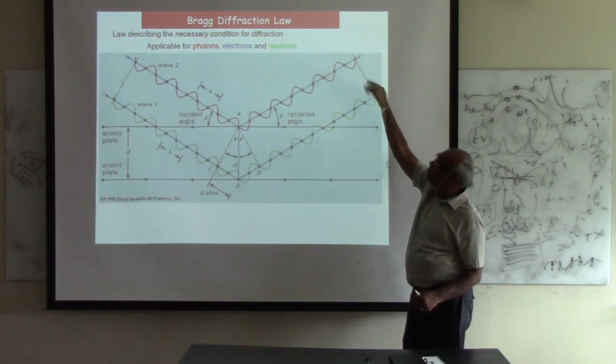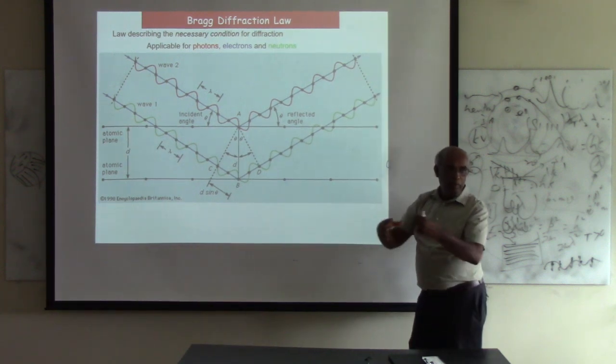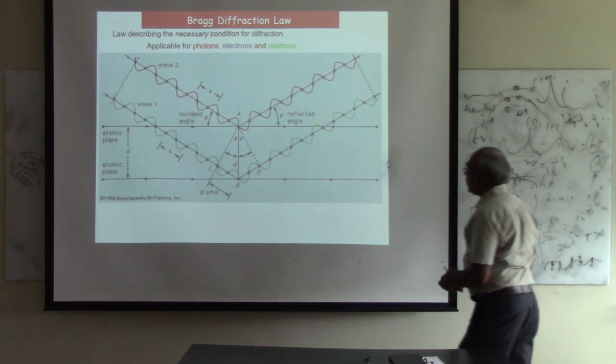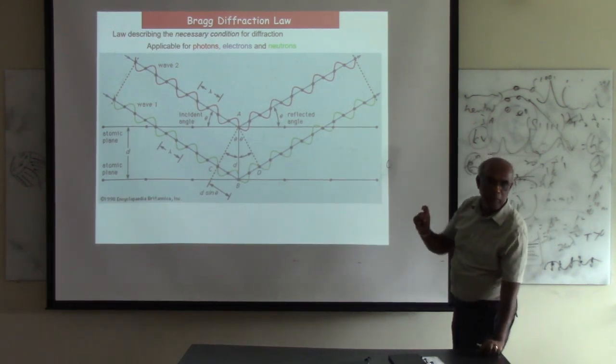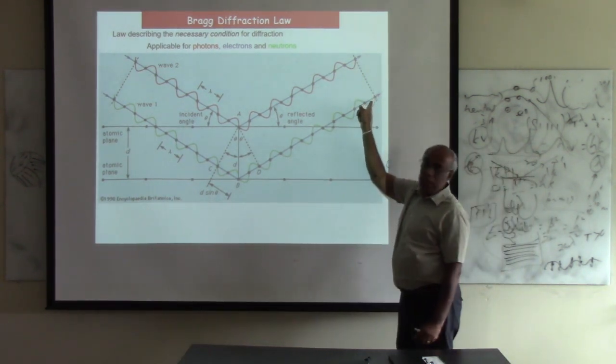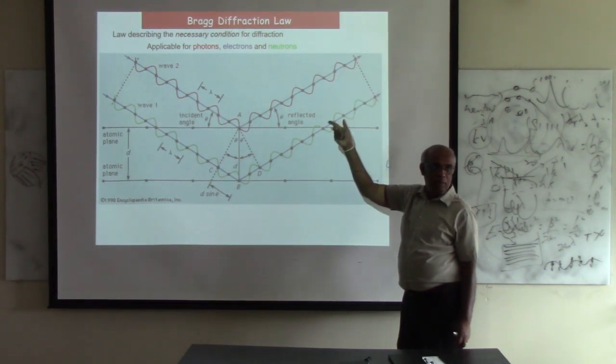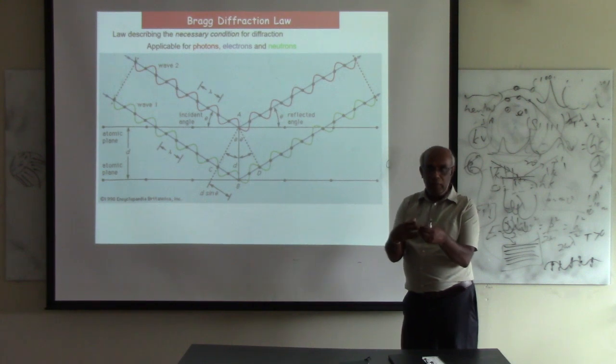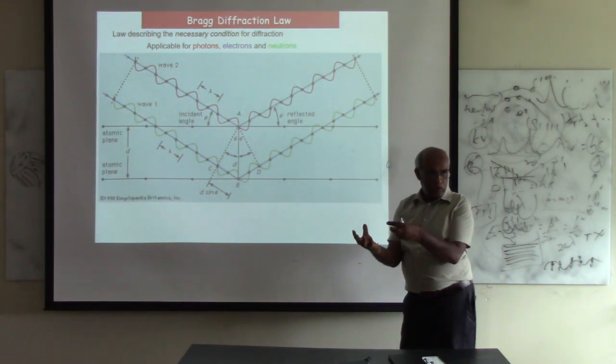Two waves coming together are going to interfere. We also know the path length between these two rays determines whether they are going to interfere constructively or destructively.